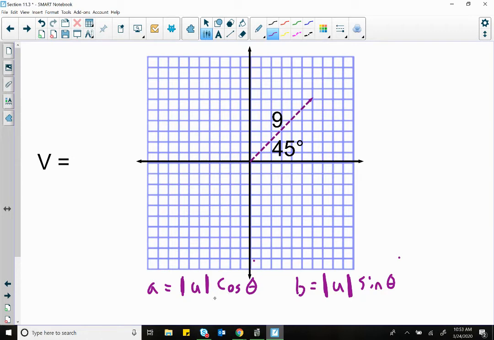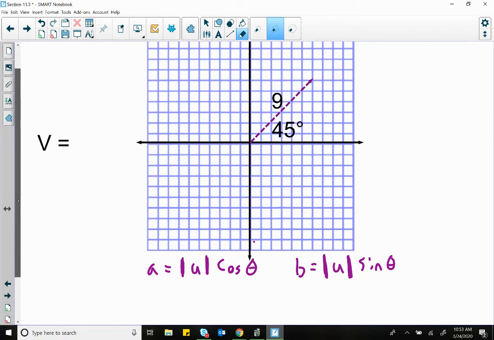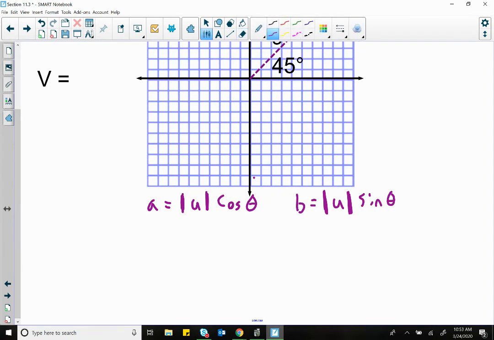This is the horizontal component, like the X value, quote unquote. This is the Y value, quote unquote. Okay? So this is what they are wanting you to run. Simple plug and chug. A lot of this stuff is some very simple adding, subtracting, and multiplying, and then a little bit of plug and chug right here.